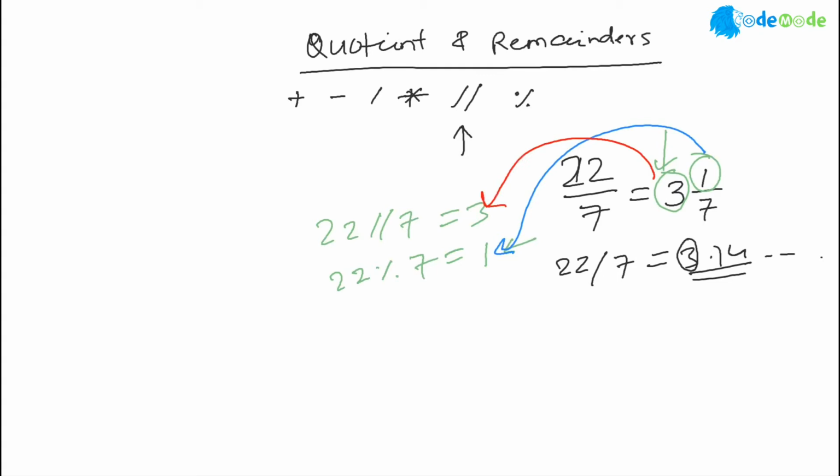Got it? And we also learned a function in Python that gives you both of these numbers together. Can someone tell me what that function is called?